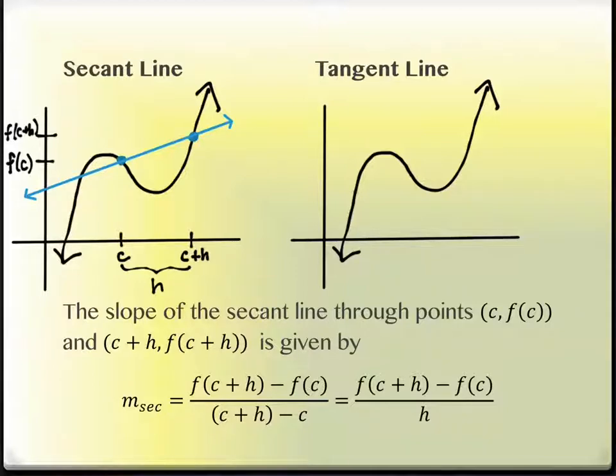So over on my other curve, again, if I have that same point C, the idea is to take the point that's h away, like I did before, and to have that point, in fact, I think I'll use a different color for it, get closer to my blue point. So let the distance between them approach zero.